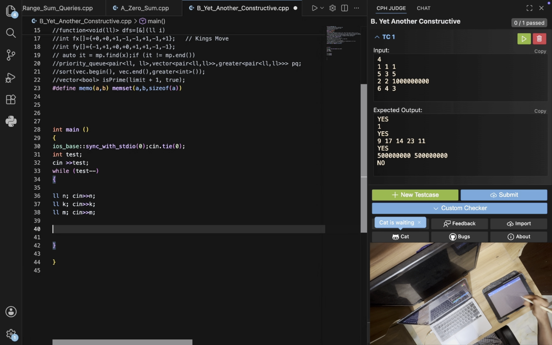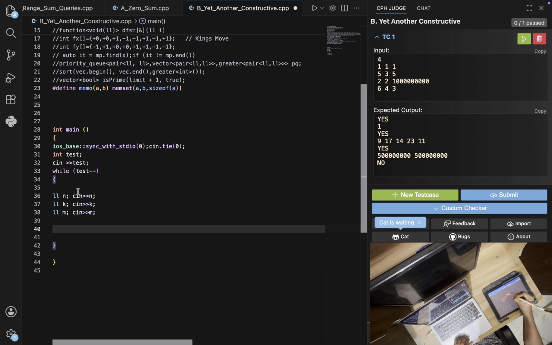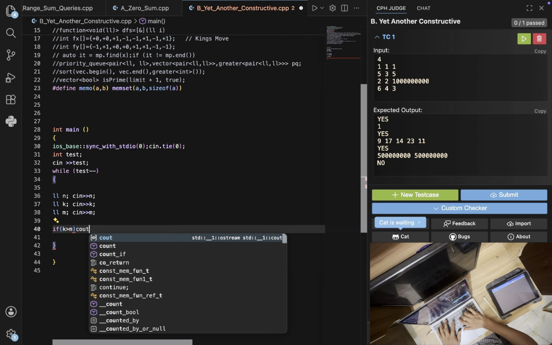The length that much, so 1 2 3, yeah. So it can be at max M minus 1 length if K is greater than or equal to M.